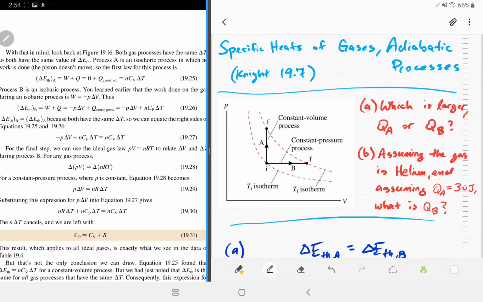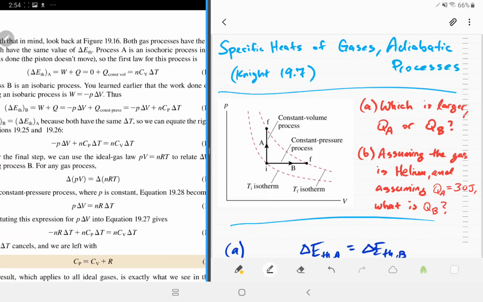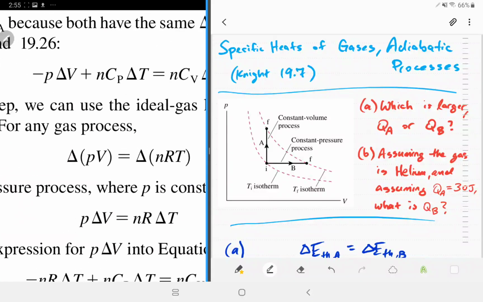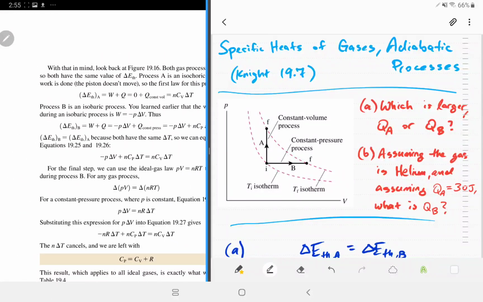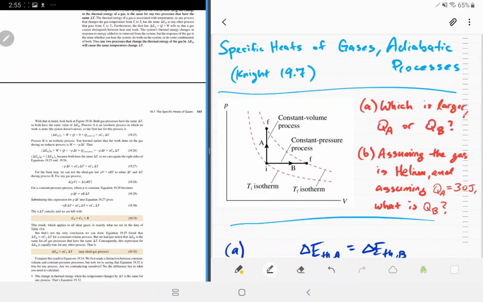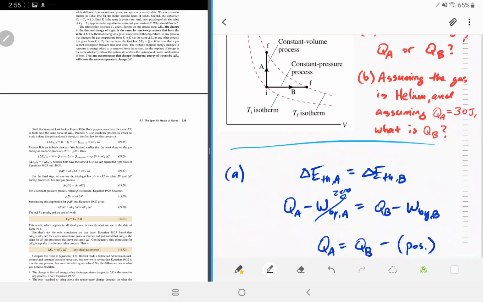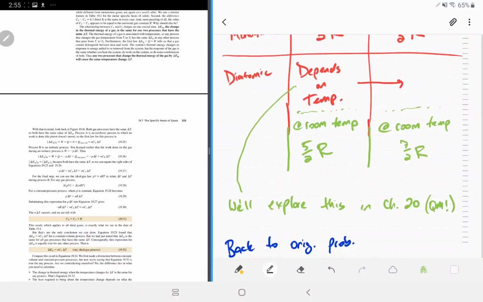And that's exactly what they exploit right here. So P times delta V, P is constant, so you can write it as P delta V, and then relate it to nRT. And then simplifying a little bit, you can just extract that R out. So if you compare the Cp and Cv, they're just off by this factor R. So the proof just comes from the fact that the isobaric process is a rectangle, if you want to know the area.